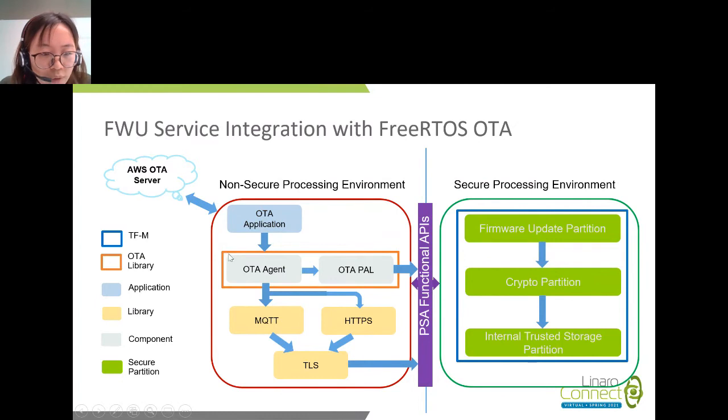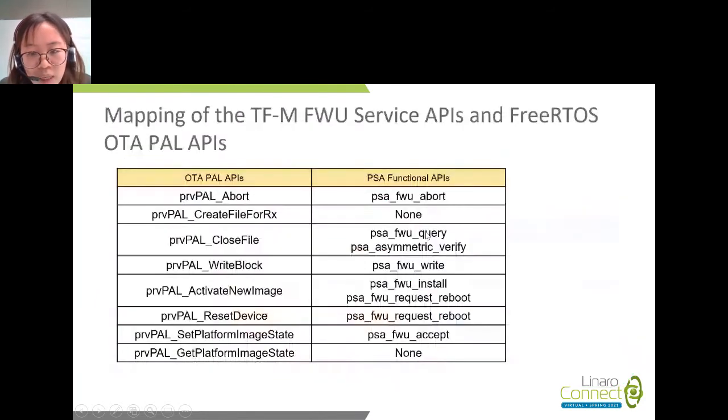Within the OTA library, the OTA agent communicates with the AWS OTA server based on MQTT and HTTPS connections. Both of these connections are based on TLS, and the TLS library calls the TFM service by calling the PSA functional APIs.